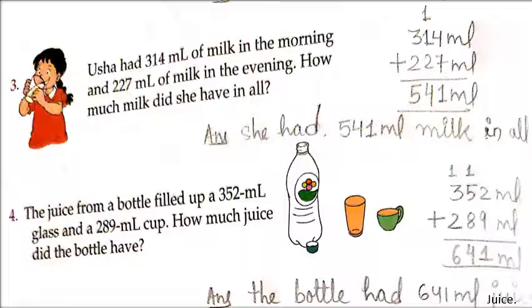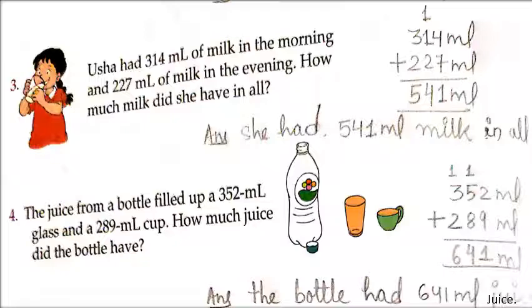Children, here in this question, Usha drinks 314 milliliters of milk in the morning, and in the evening she drinks 227 milliliters of milk. Okay, so you have to find out how much milk did she have in all. So for that we have to add. Here we add the amount of milk she had in the morning and the amount of milk she had in the evening.